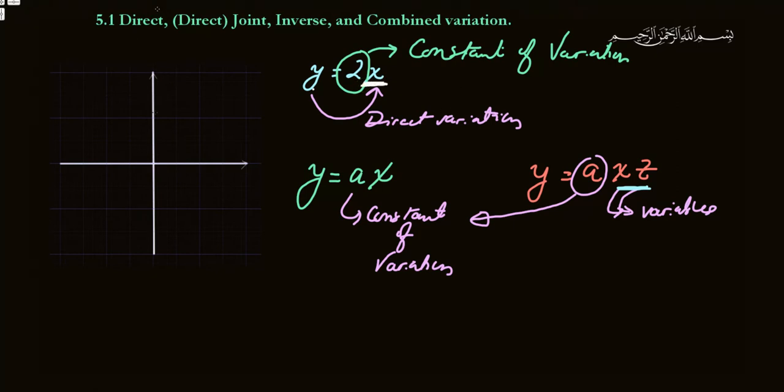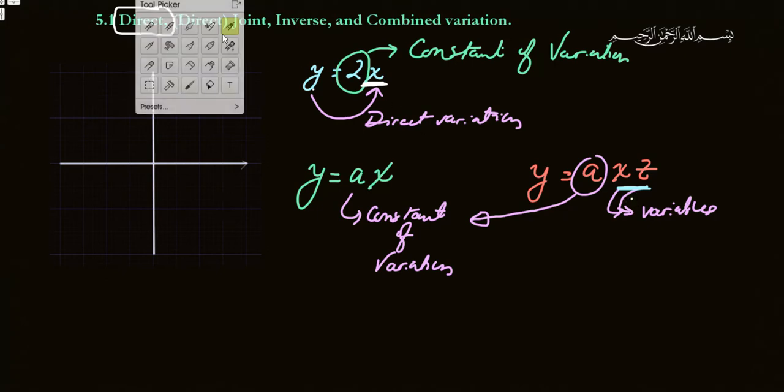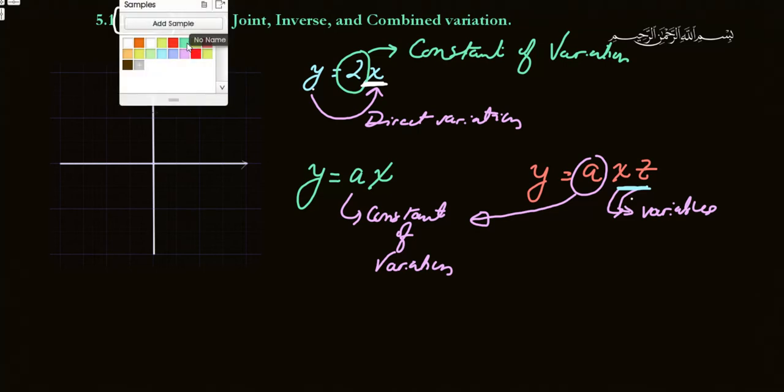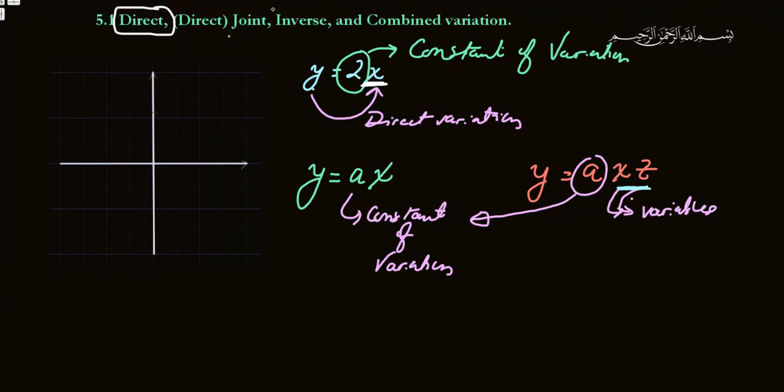Now, this first scenario, where y is directly related to x and you're talking about only one variable, is called a direct variation. When we're talking about more than one variable, like this, y is directly related to x and z, that scenario is joint variation, or you can remember it as joint direct variation, because there are so many terms here to learn.